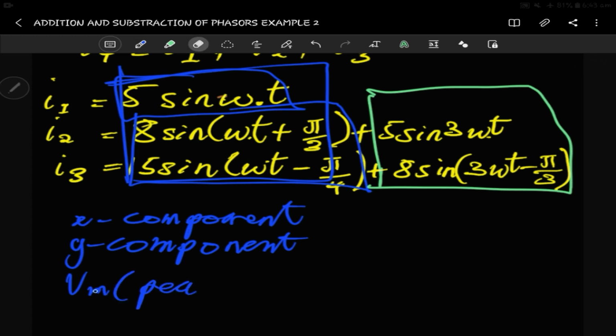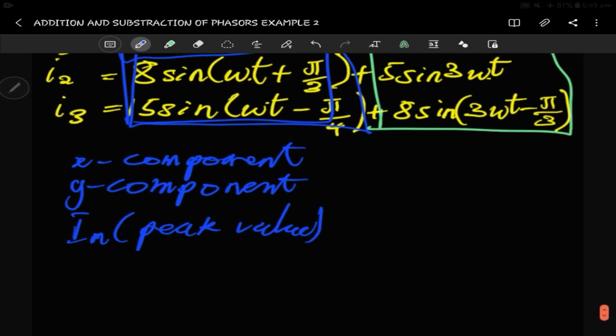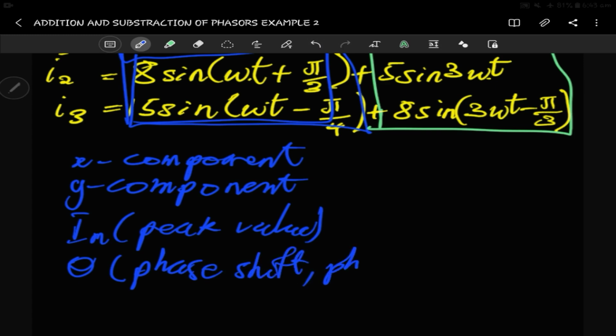Sorry, in this sense, because it's current, it's actually the peak value IM, right? And then we find the theta, which is basically the phase shift, or the phase angle.